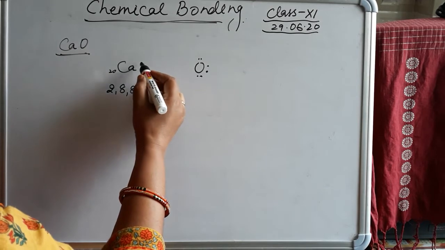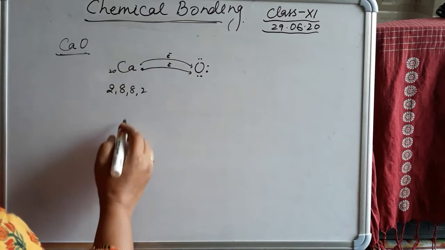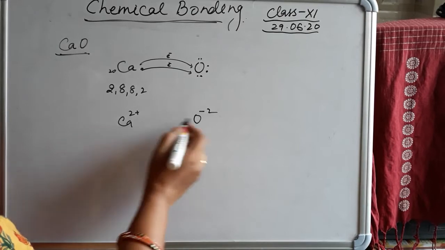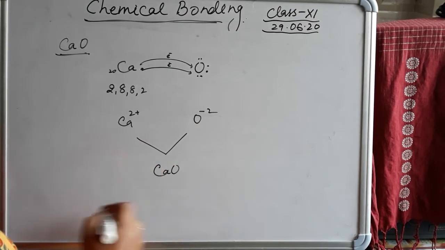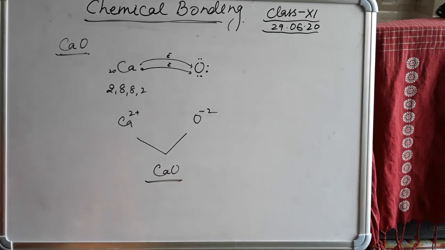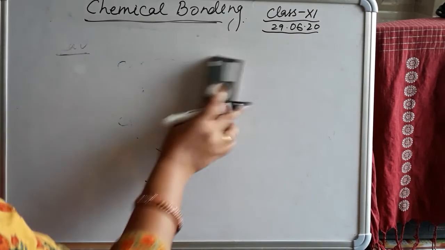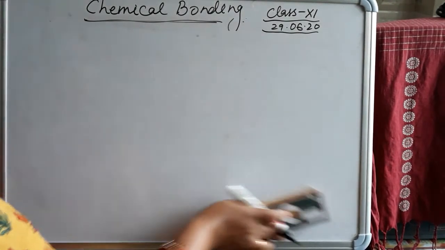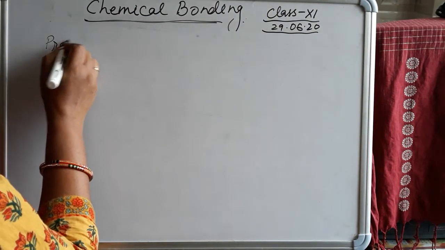So for their stability, they lose or gain electrons, then it becomes a cation and an anion. And then this cation and anion form the compound, and lattice enthalpy is released when it forms the lattice structure. A number of compounds are given in your book, so practice it. Next we will discuss the properties of ionic compounds.